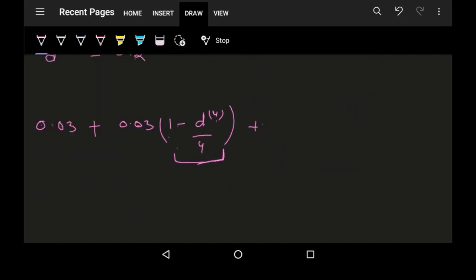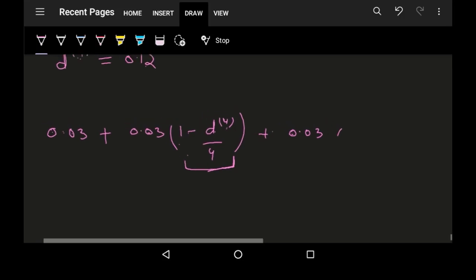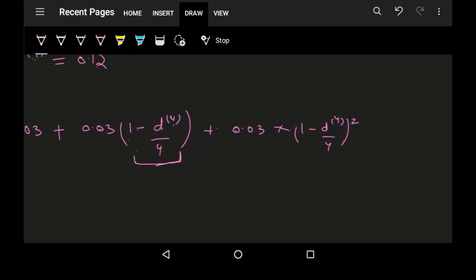For the second amount, I will multiply it by this, and similarly lastly I'll multiply it by this.